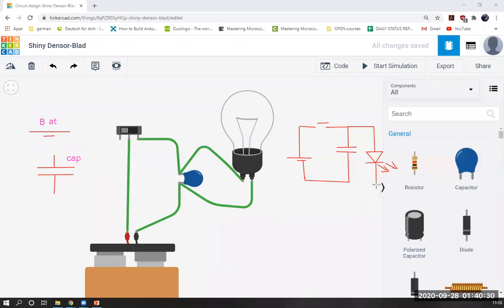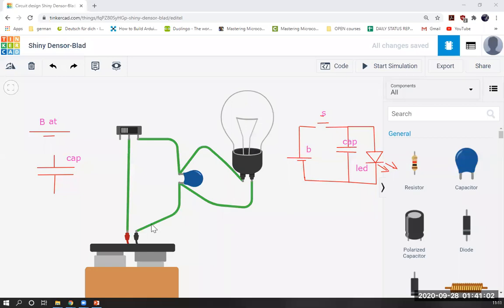And this is how our circuit actually is. So you can have a look. This is a switch, this is the battery, this is a capacitor, and this is an LED or a bulb. We have connected the battery over here.